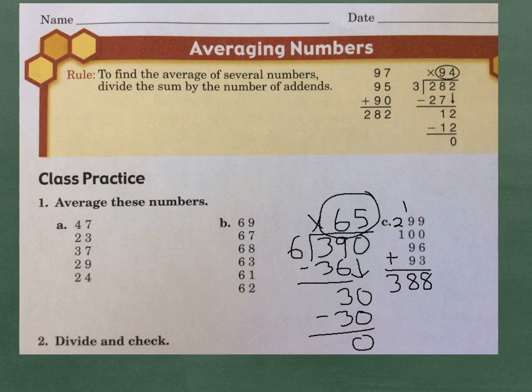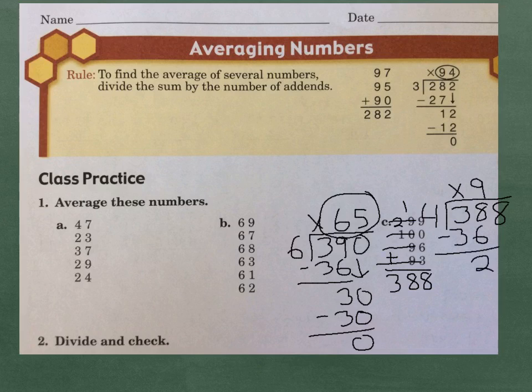So we take the number that we got, 388, and divide it by 4, since there are 4 numbers. 4 doesn't go into 3, but it does go into 38. 4 times 9 is 36.